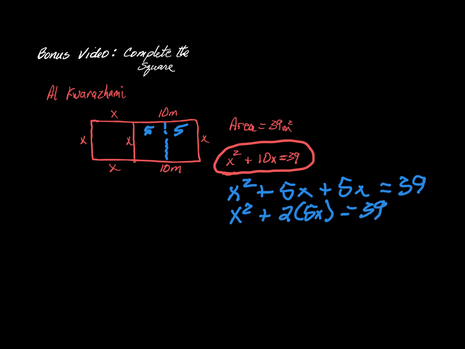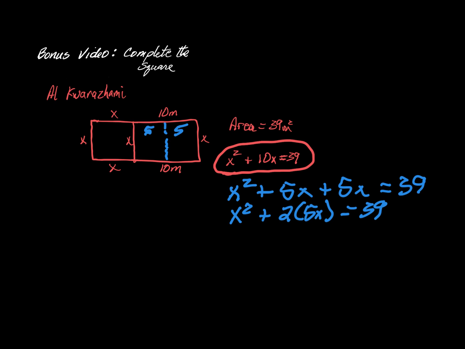So we're going to leave it there for a moment for the equation part, and we're going to look at the geometry. So what he did at this point is he said, maybe I can rearrange these shapes. And so that's what happened.